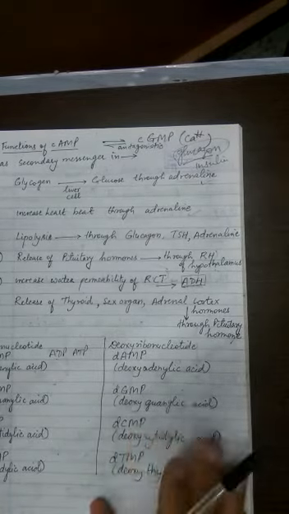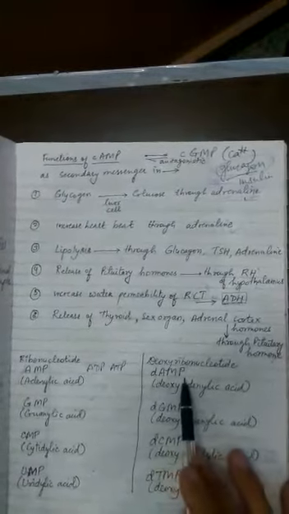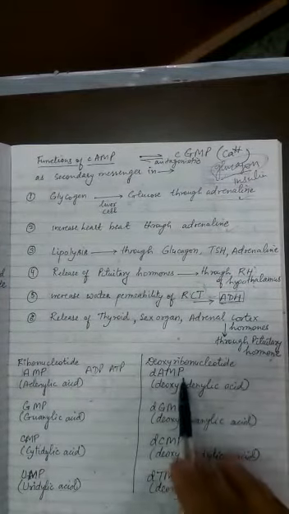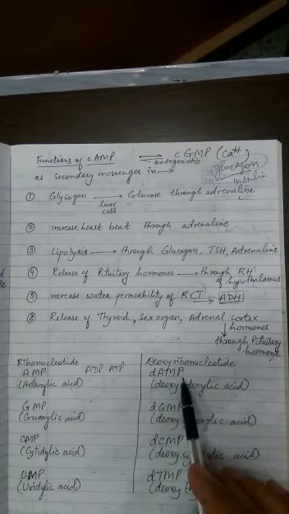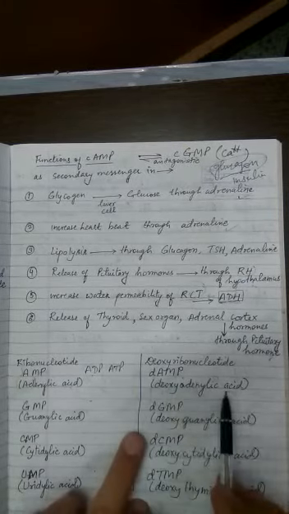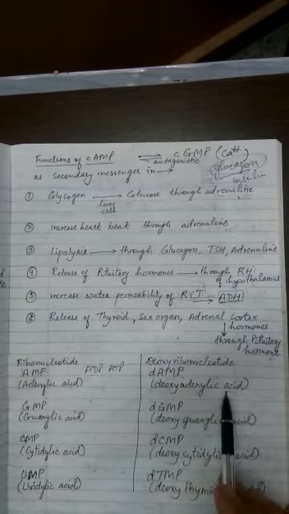Same in this manner also. So deoxyadenosine monophosphate. So why monophosphate? Because one phosphate is attached. If you attach a second phosphate, it will become deoxyadenosine diphosphate. So it is also called deoxyadenylic acid.